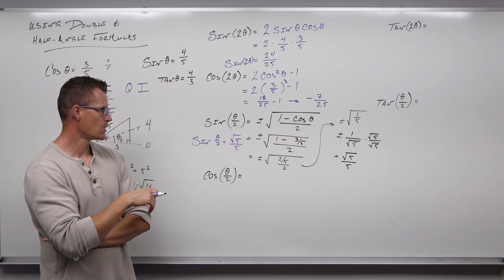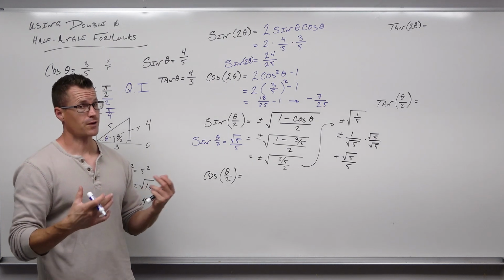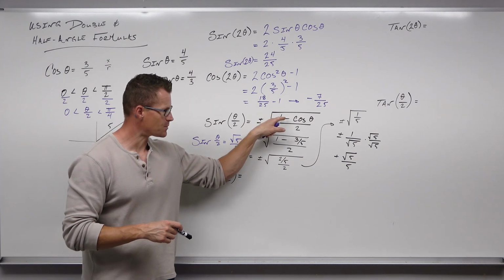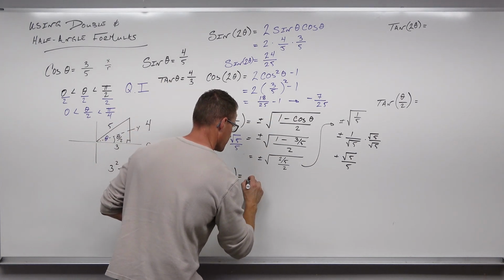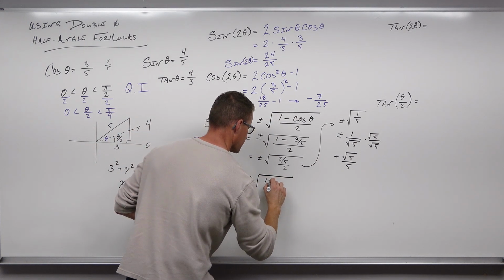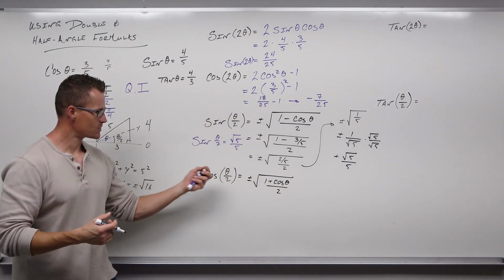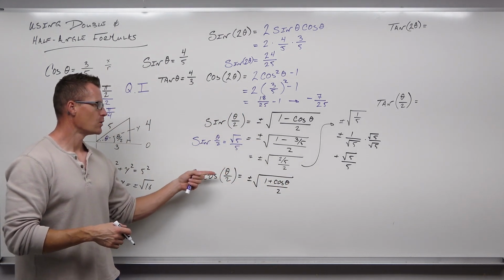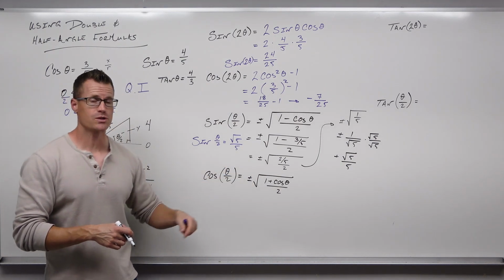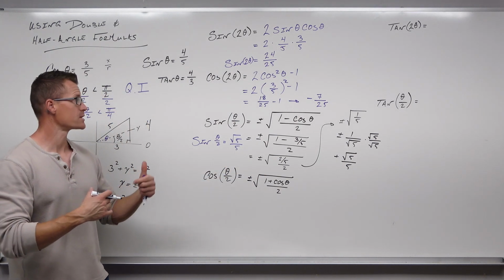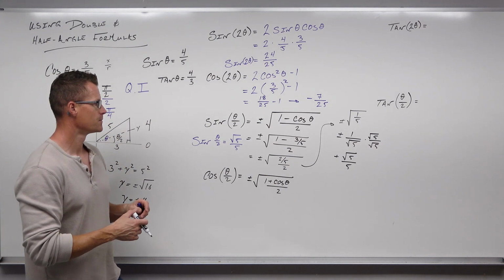Let's go ahead and let's do cosine theta over 2. We're going to use a very similar formula. So with cosine theta over 2, it looks really similar, but that's a plus right there. But by doing that, because we can't just pull out a 1/2 or something, we've allowed ourselves to look at an easier angle, something that we already know. So 1 plus cosine theta would be 1 plus 3/5.